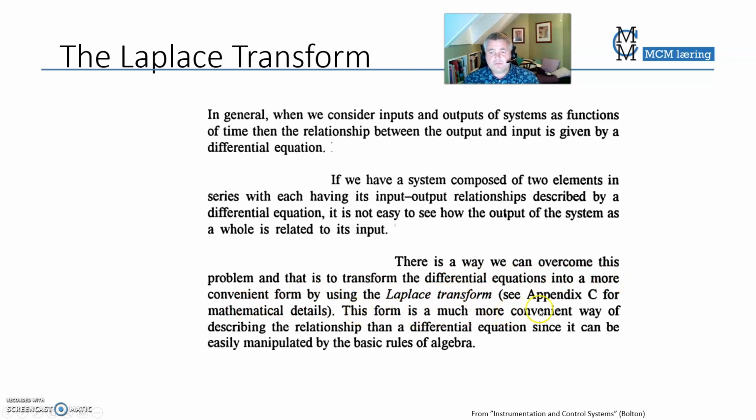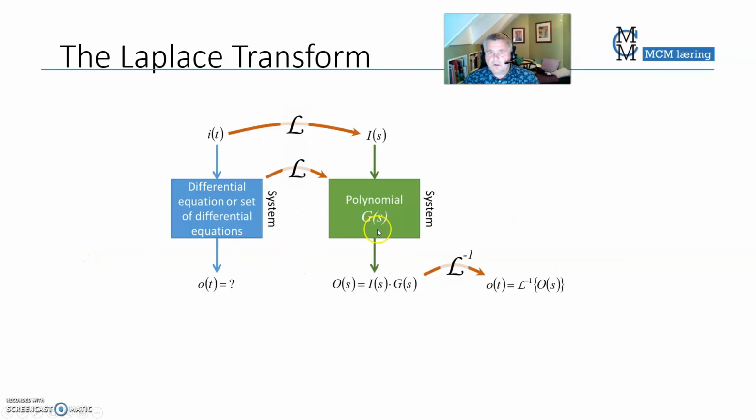This form is much more convenient way of describing the relationship than a differential equation, since it can be easily manipulated by the basic rules of algebra. Yes, we can. Polynomials use the basic rules of algebra. So you multiply the input with the polynomial and you get the output.